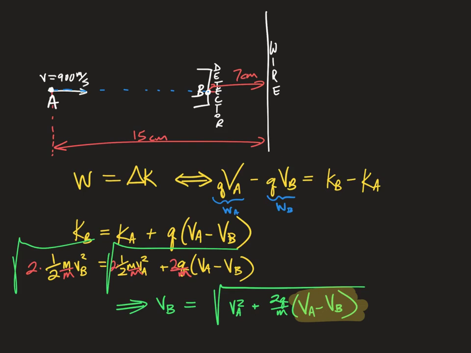All right? So we know what VA is going to be. These are all constant, and I just computed that. So that to the 2Q.